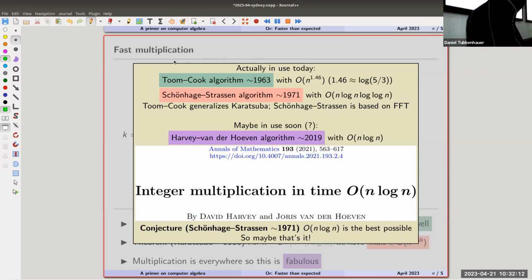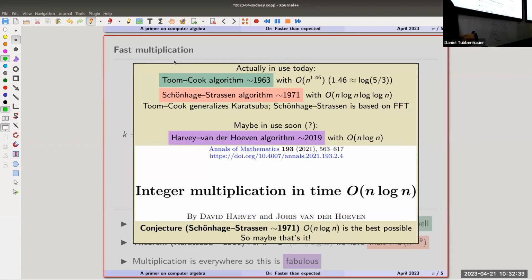The one that stood for 40, 50 years is essentially n log n, with extra log n factors, and log n is technically constant, so you can never ignore it.